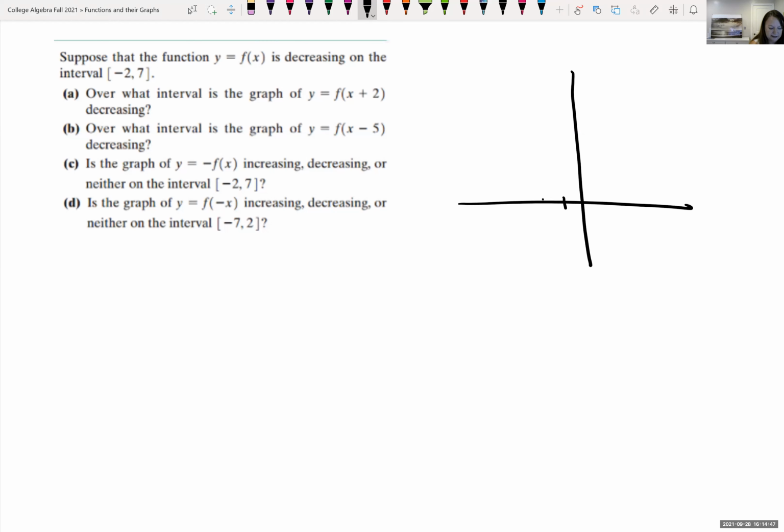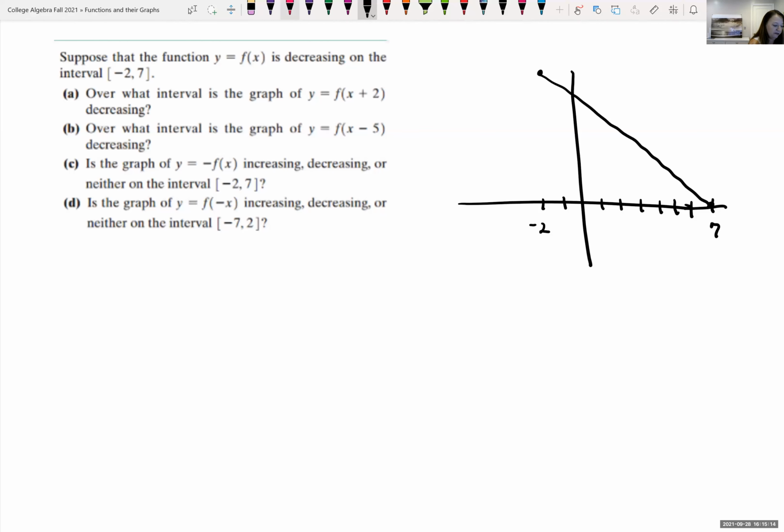It could look like anything, it just has to be decreasing. I just want to get a visual. So if it's going down from x equals -2 to 7, maybe it looks something like this, right?